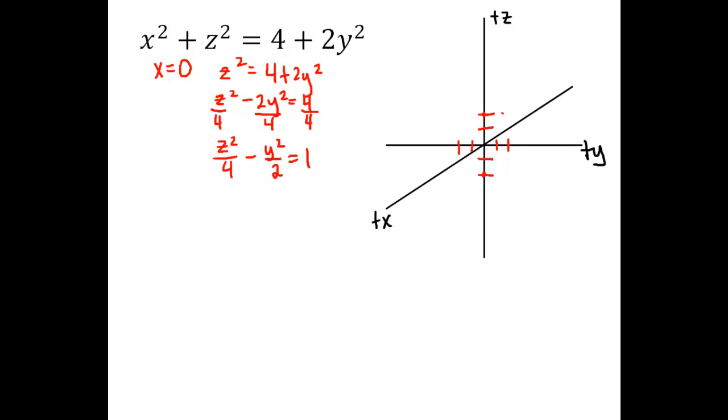So I went over 1.4 units in the y direction, or square root of 2 units more exactly, and up 2 units in the z direction. And then from the center of the hyperbola to that point that I plotted, I'm going to get a line, and that helps me see what the asymptote would look like.